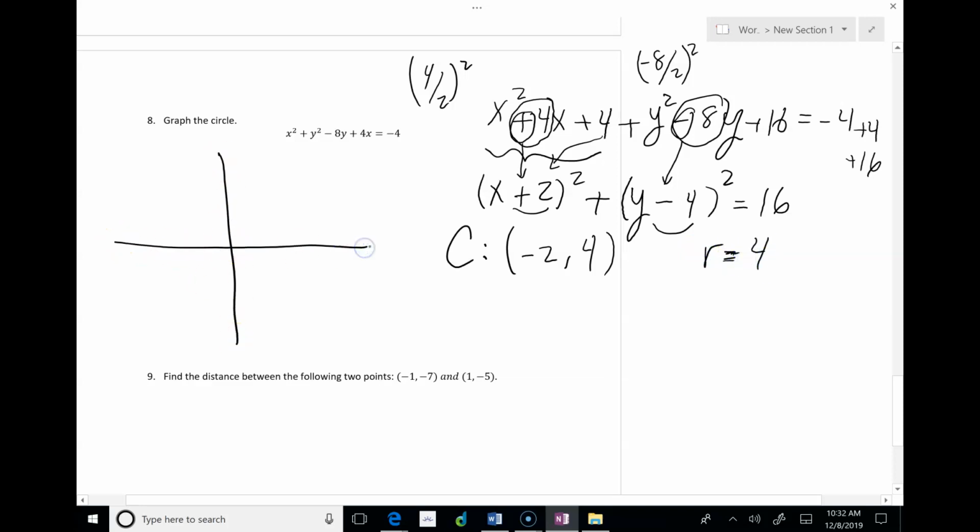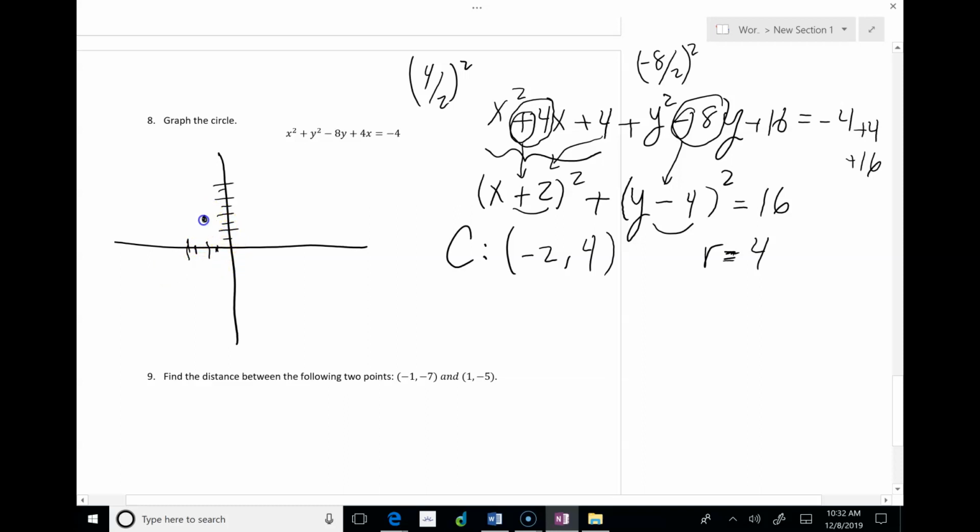So if I want to graph that, the point -2, +4, that's 1, 2, 3, 4. Let's say smaller so we have more space. So 1, 2, 3, 4, and 1, 2, 3, 4. The center is -2 and +4.